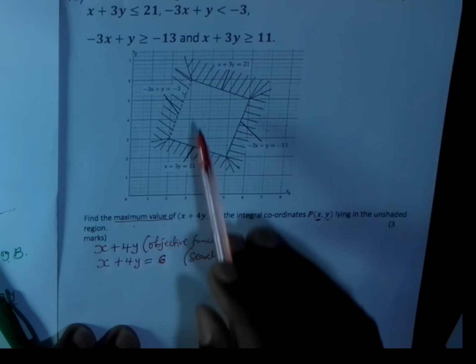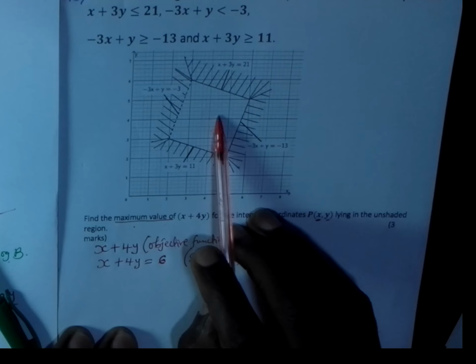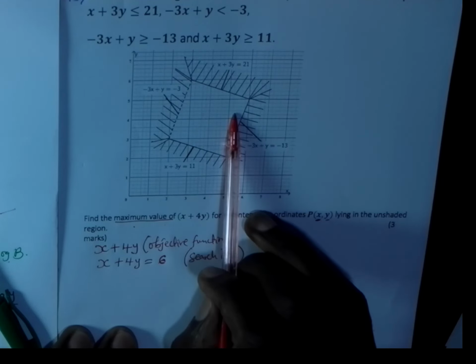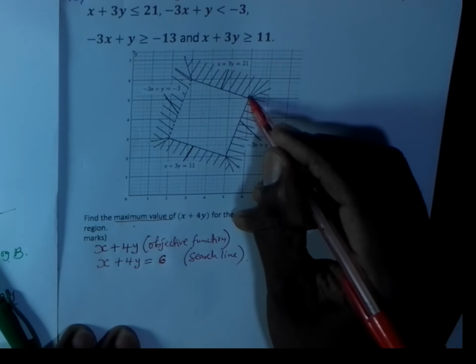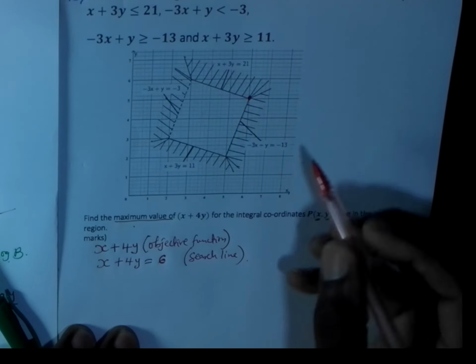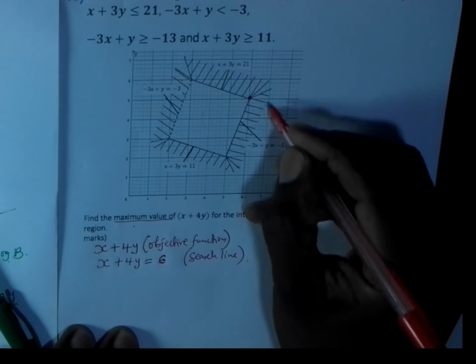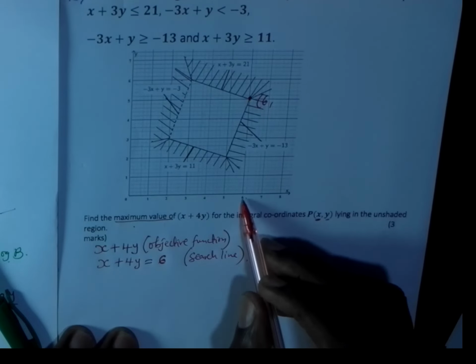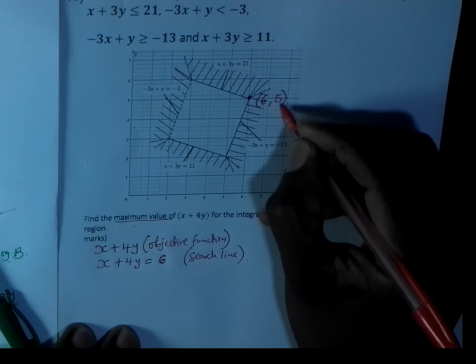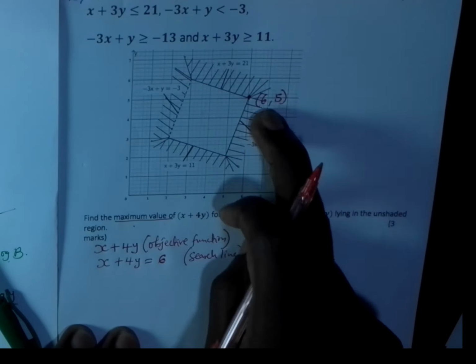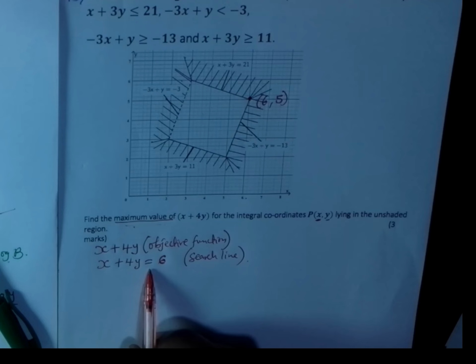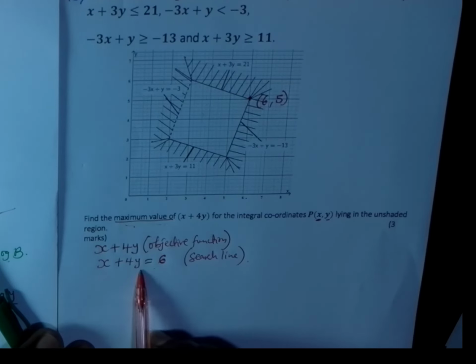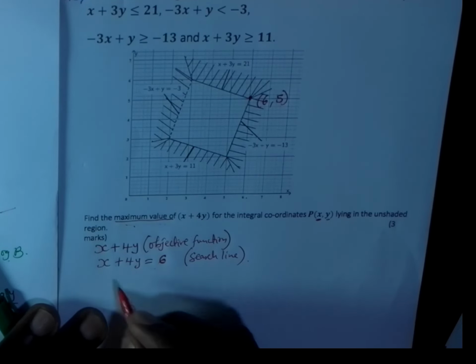If we look inside, we produce a line to the search line at a reasonable, plausible point, say this particular point here, where x is 6 and y is 5. We need to draw the search line, and for that we require at least 2 points.